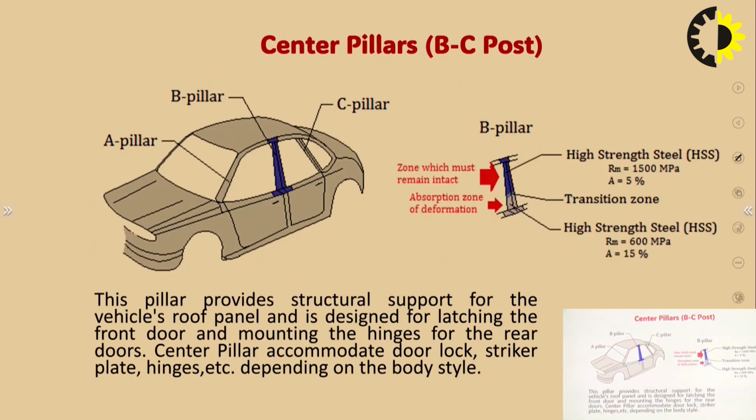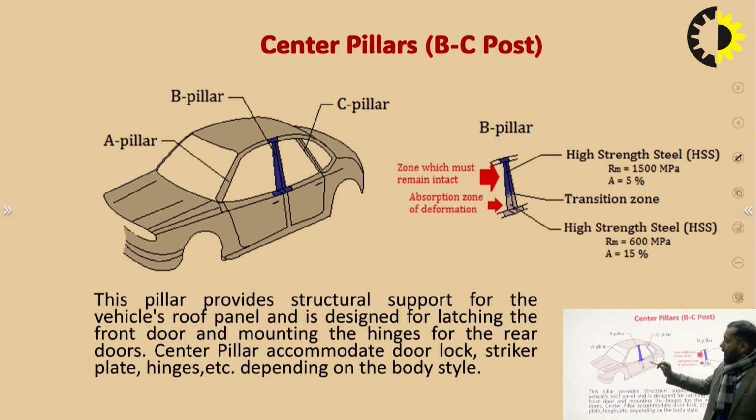Another is the center pillar. This center pillar, also known as the BC post, is a structural support for the vehicle roof panel. It is designed for latching the front door and mounting the hinges for the rear doors.